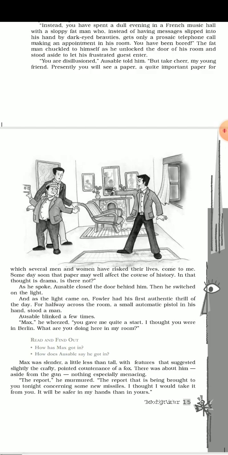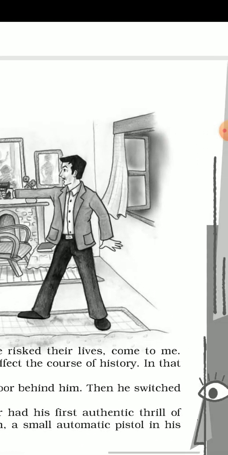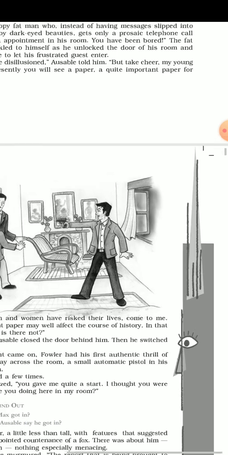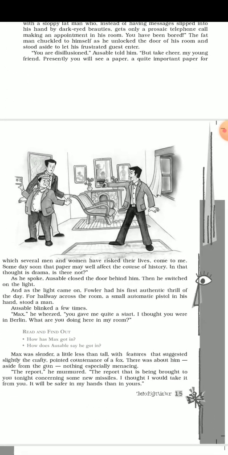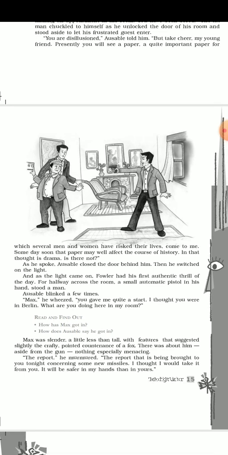See, there is a window behind that, right? So that's just a hint. This person is Max, the one holding a pistol in his hand. So here Ozable tells him, Max, you have given quite a start to me. I thought you were in Berlin. He asked Max that he was thinking Max was in Berlin, that place only, right?